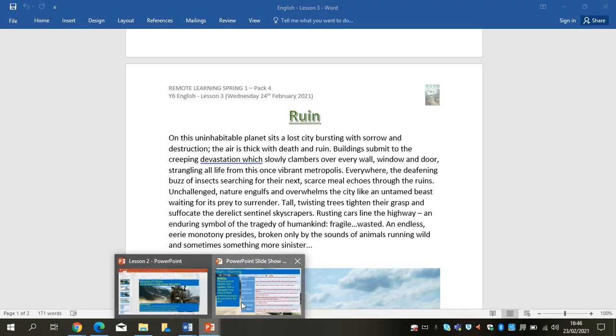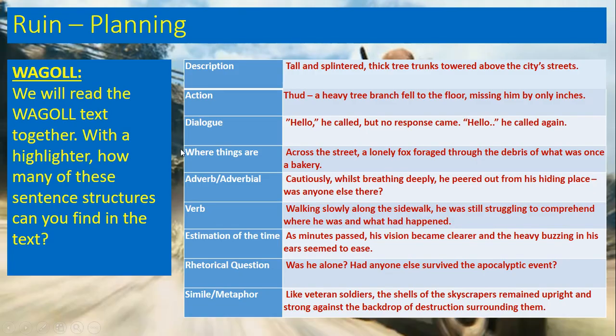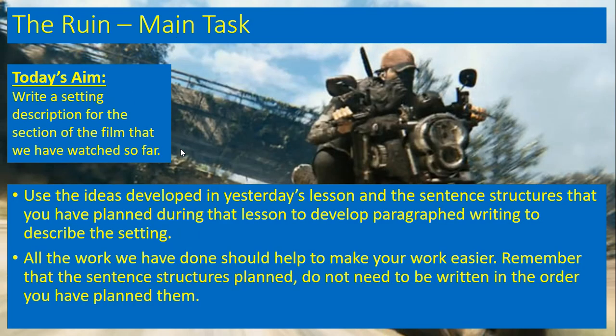So utilize the sentences you wrote in the planning document to then write your own, and that is your task today. Use the ideas developed in yesterday's lesson and the sentence structures that you planned during that lesson to develop paragraphed writing to describe the setting. All the work we've done to this point should help make this a much easier task.